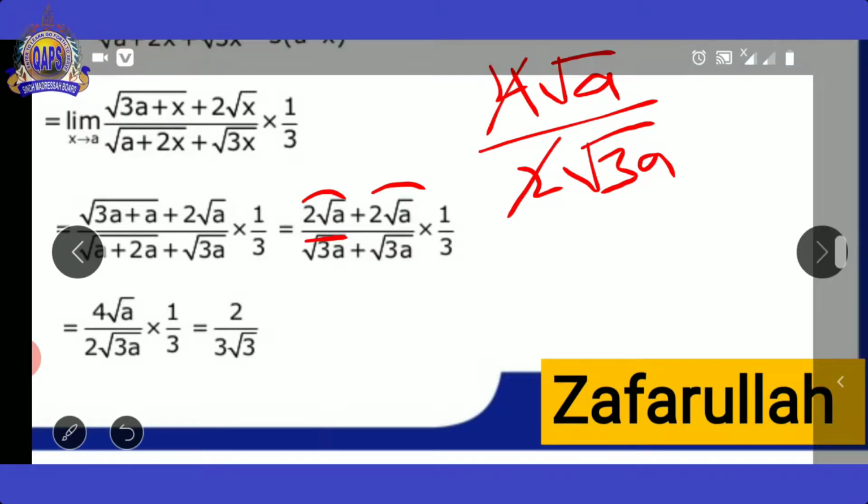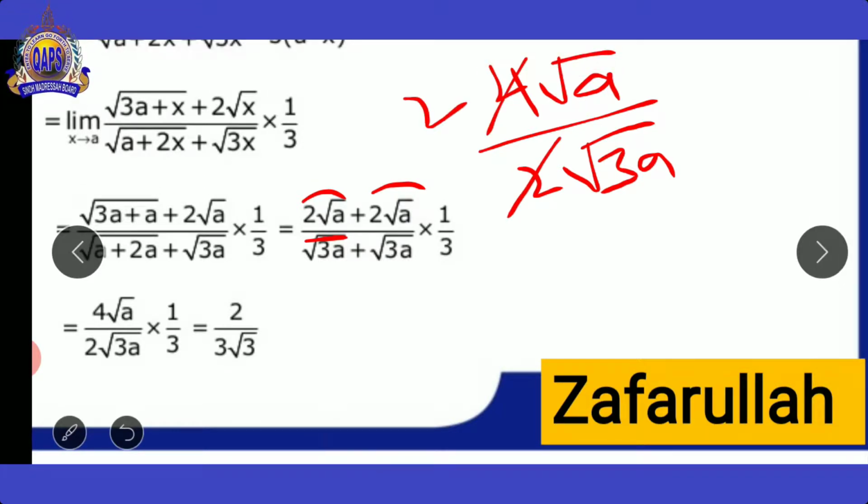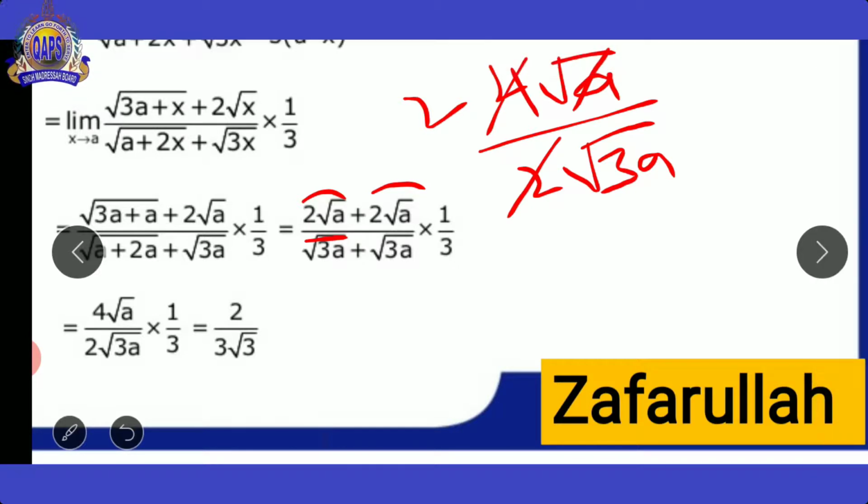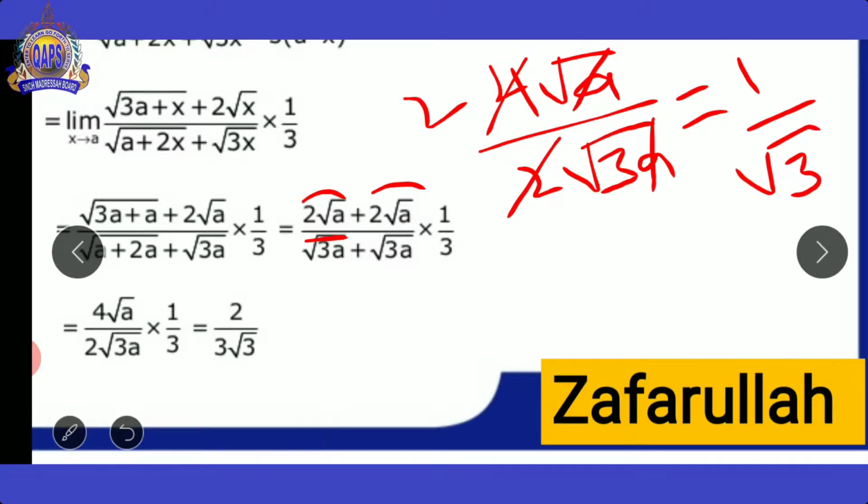Now 2 will be cancelled, and radical a and radical a will be cancelled here. Then the form of the answer is 1 upon radical 3, which remains. So this is our answer, but here 1 upon 3 is the same.